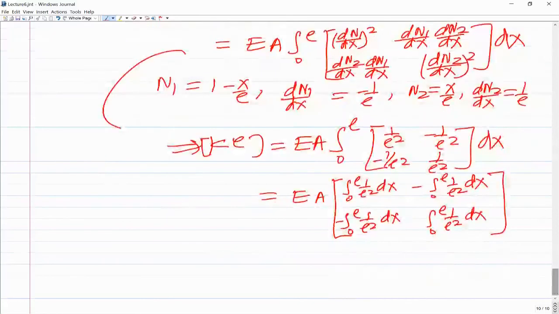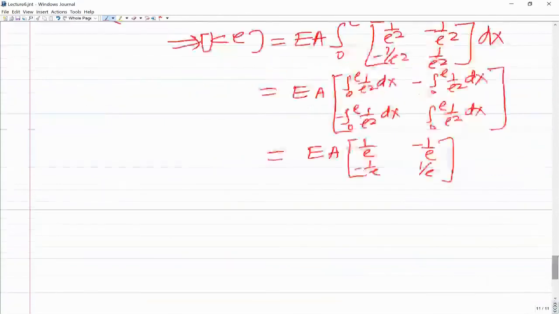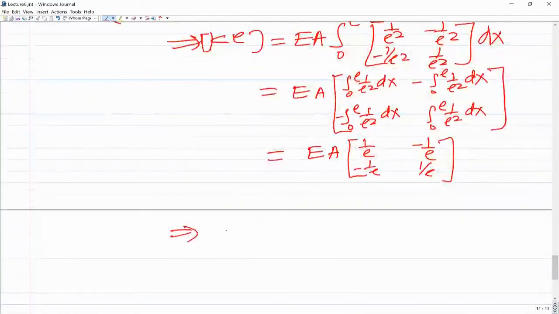So as you see, 1 upon L square is constant, so the integral is going to be capital X, and then when you put the limit, you simply get L. So you will have basically EA, and the first term would give you finally L upon L square, so 1 upon L, minus 1 upon L, minus 1 upon L, and 1 upon L. So now what you can actually do is take this 1 upon L common.